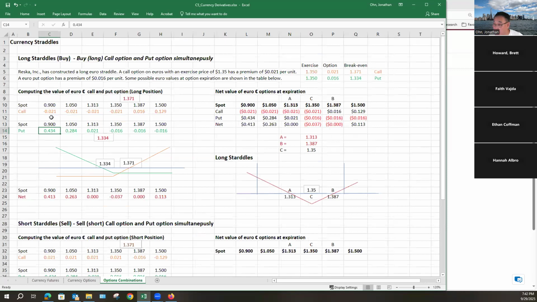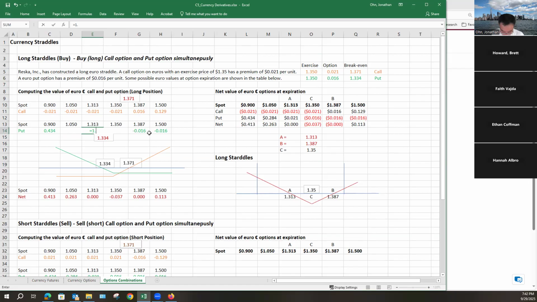So here the strike price is $1.35 minus the spot price minus the option price 0.016. That is our profit schedule. And this one is strike price $1.35 minus the spot price minus 0.016 there.